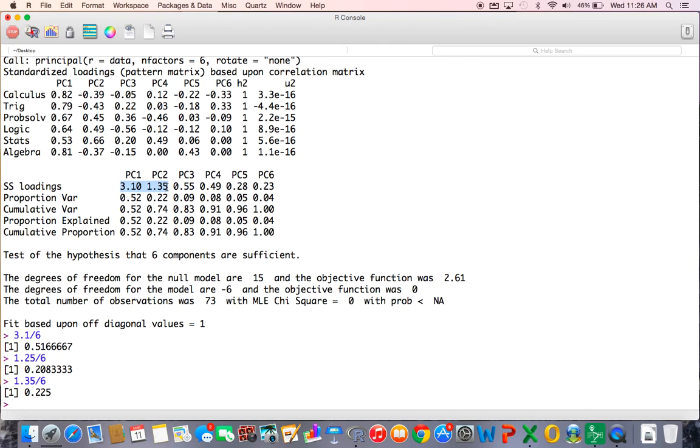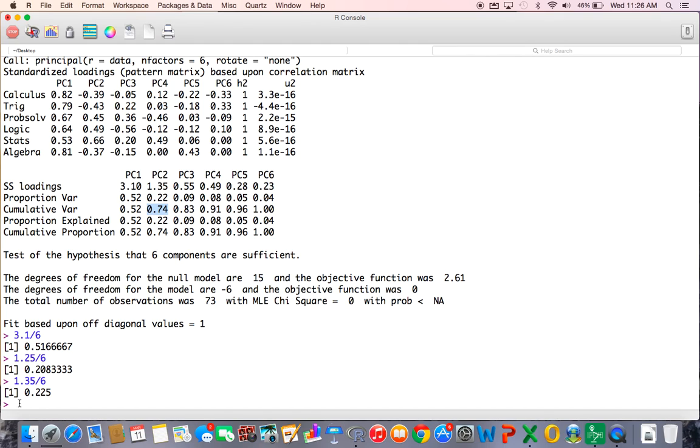We need to retain 2 components because cumulatively these 2 components explain 74% of the variance, 74% of the variance that collectively trig, algebra, all 6 subject areas explain. So guys, it looks like to me that we're looking at a 2-factor model, but I don't know that yet. So let's just continue to explore some stuff and see what happens.